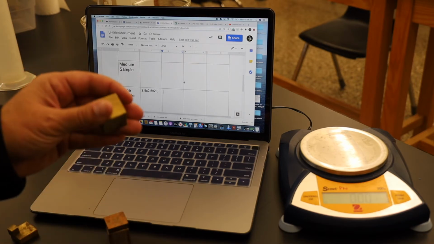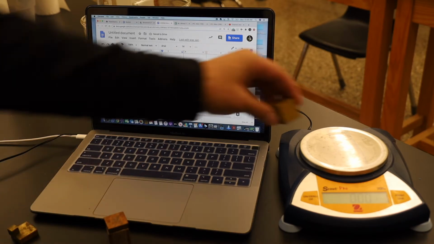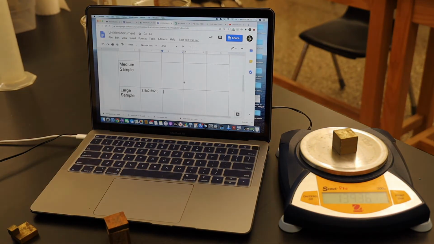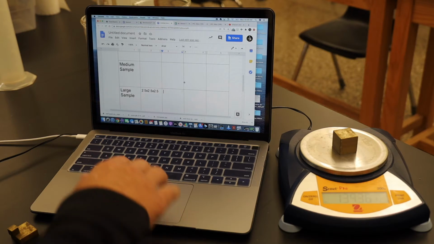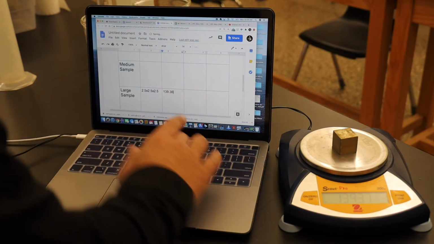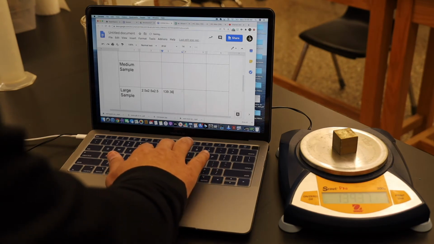And now I'm going to measure the mass of this object. And the mass is 139.36 grams.